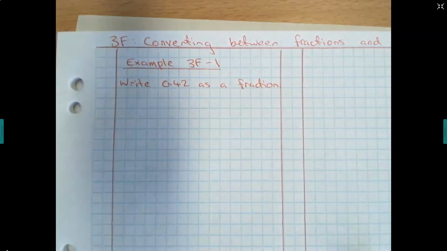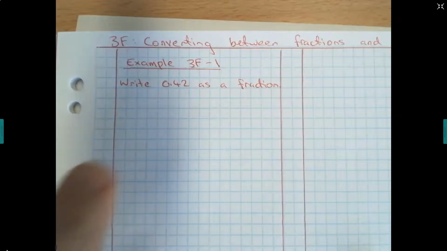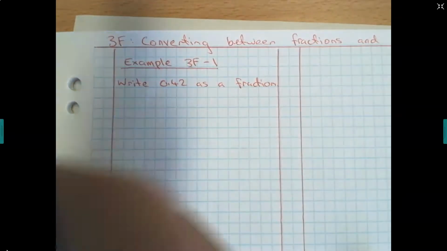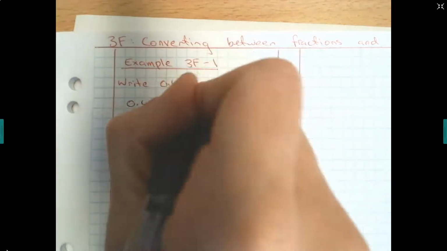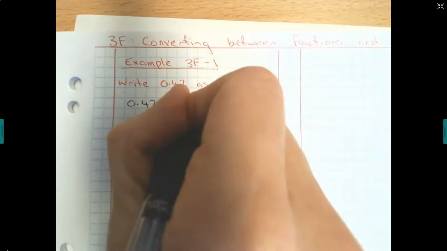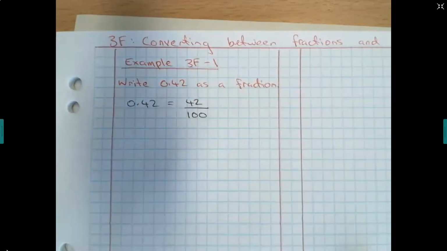So the place value in that column is what? Hundredths. So you can write 0.42 is equal to 42 over 100.